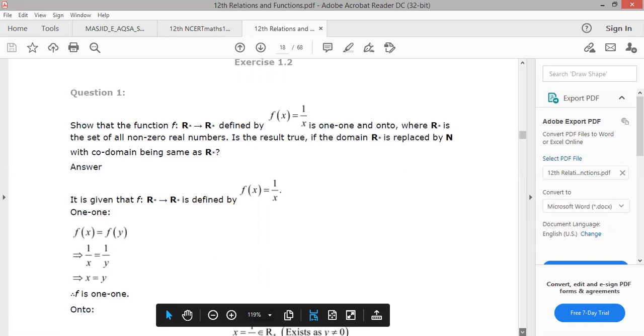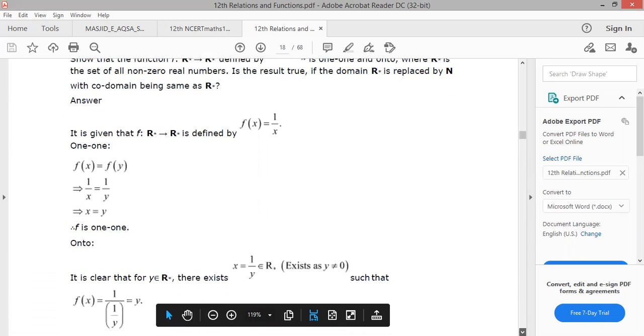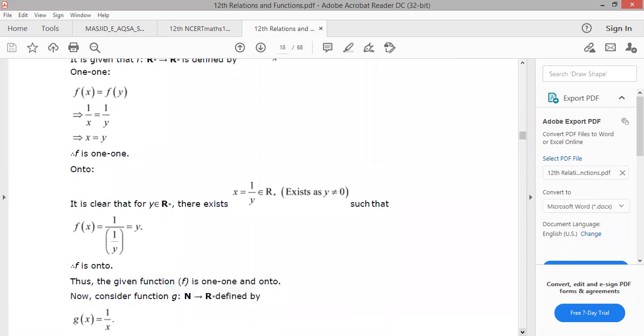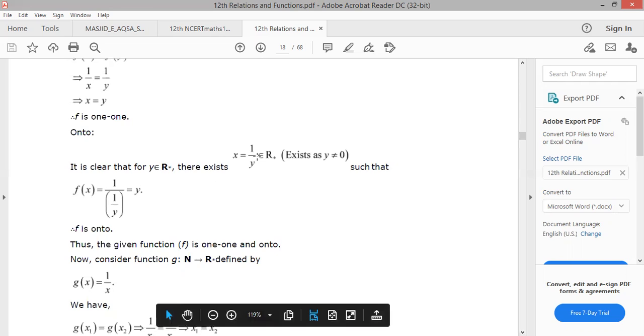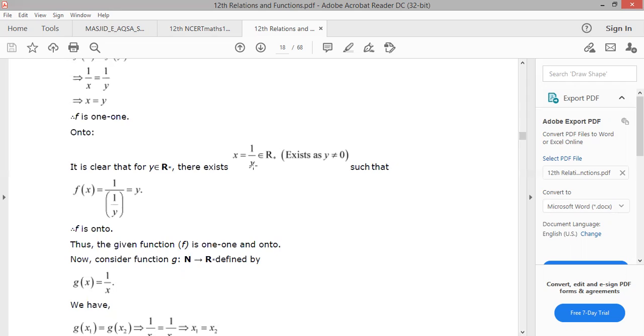So the next point is, what about the surjectivity, the onto criteria? For that, we have to take a codomain element, and we have to check whether that codomain element is also an element of the range or not. For that, we will take one codomain element, say 1 by y, and let's suppose that it is the image of some pre-image x, where y is non-zero.